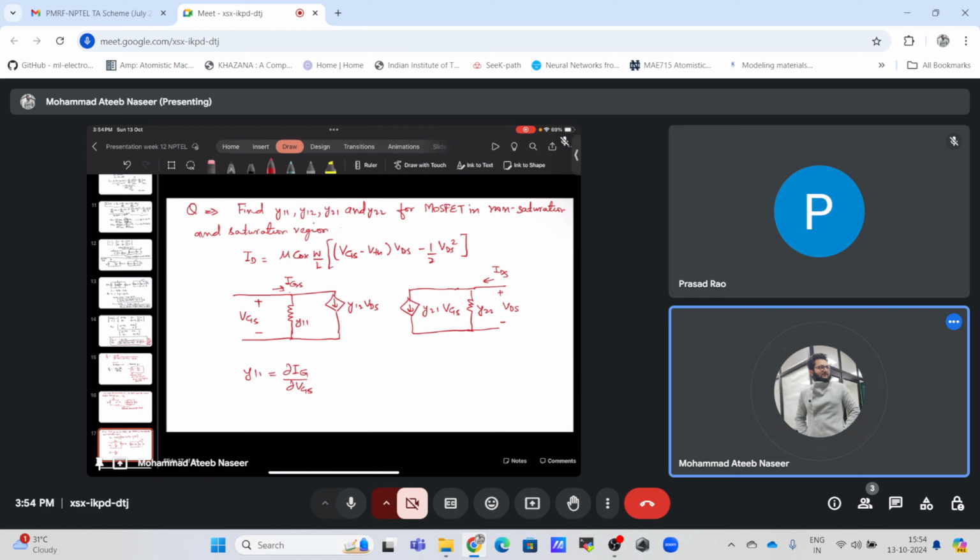But IG is 0, the gate current is 0, so it will be 0. Y12 is dIG by dVDS, and also the gate current is 0, so Y11 and Y12 will both be equal to 0 in the non-saturation region. Okay, so I'm talking about non-saturation.